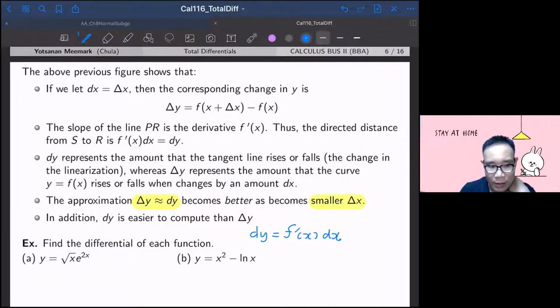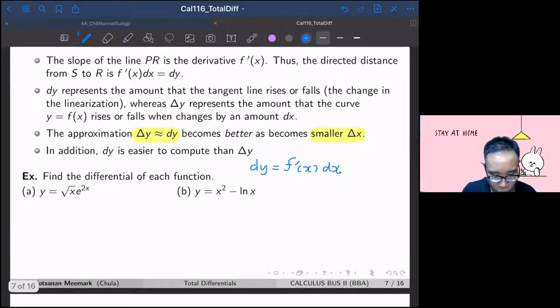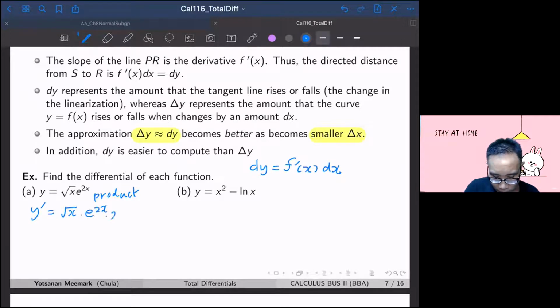However, let's first find the differential for each function. You have y equal to square root x times e to the 2x. In this case, you're going to have y prime. This one is the derivative of a product, so you have to use the product rule: the first times the derivative of the second plus the second times the derivative of the first.